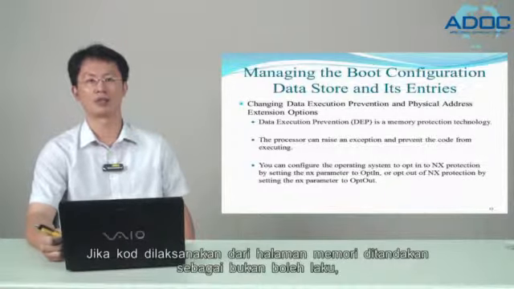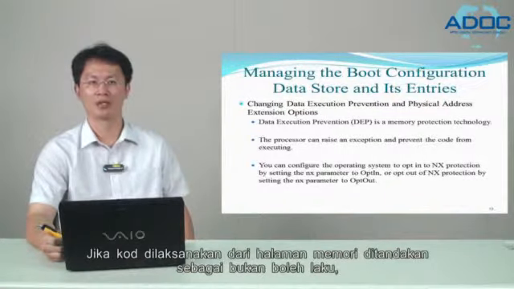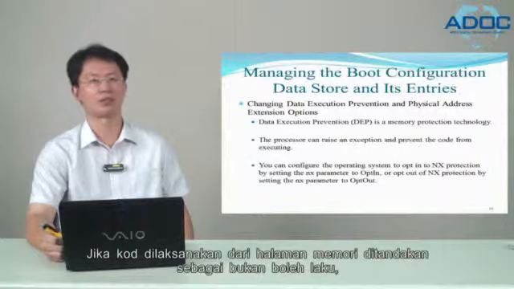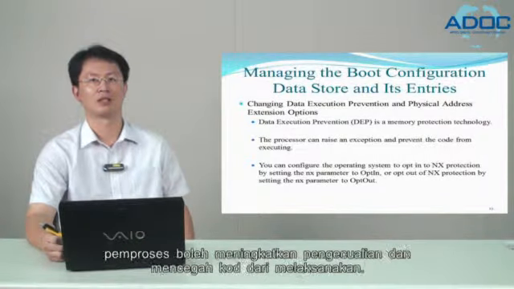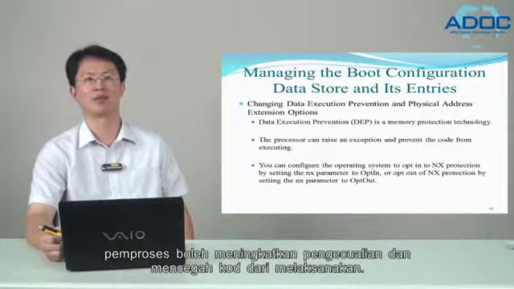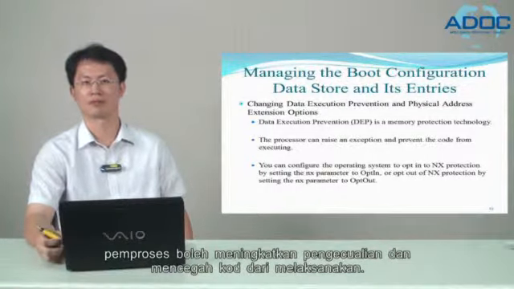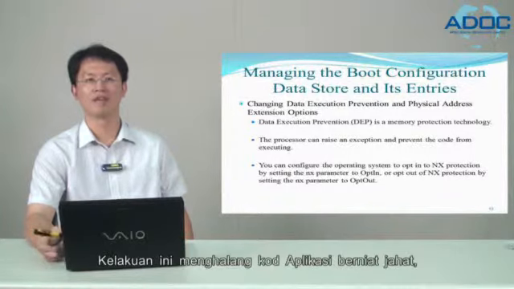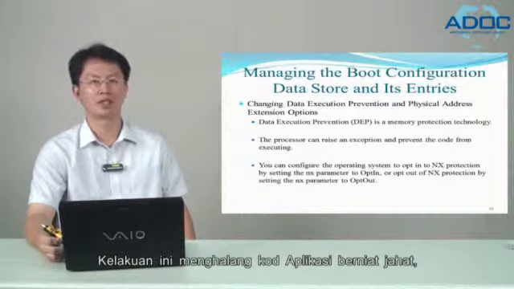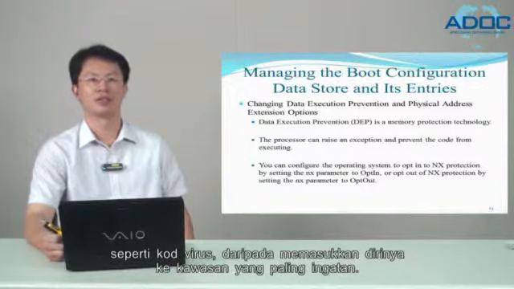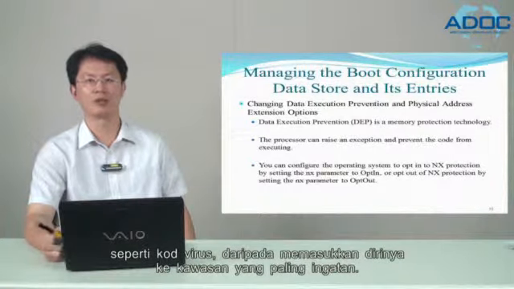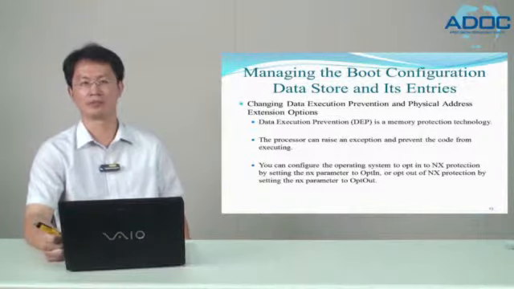If code is executed from a memory page marked as non-executable, the processor can raise exceptions and prevent the code from executing. This behavior prevents malicious application code, such as virus code, from inserting itself into most areas of memory.